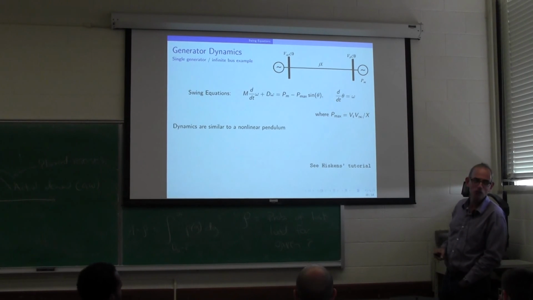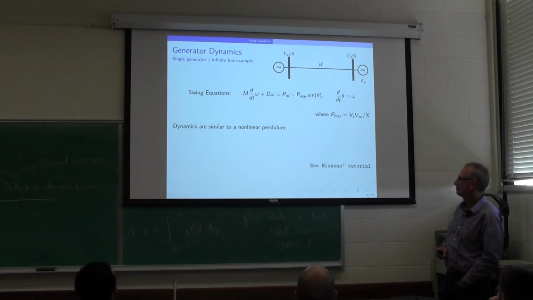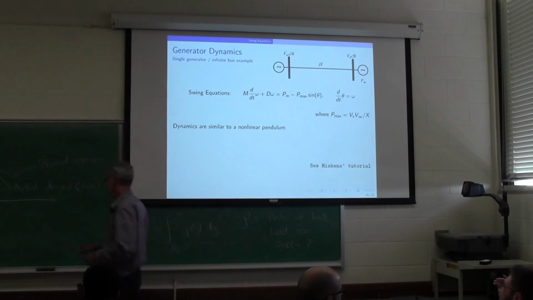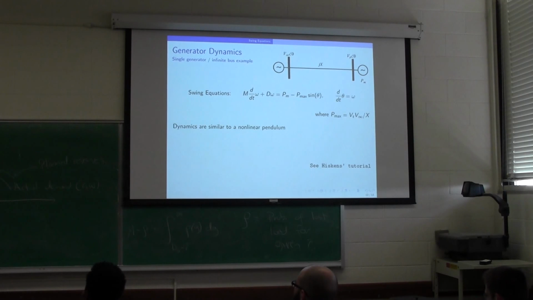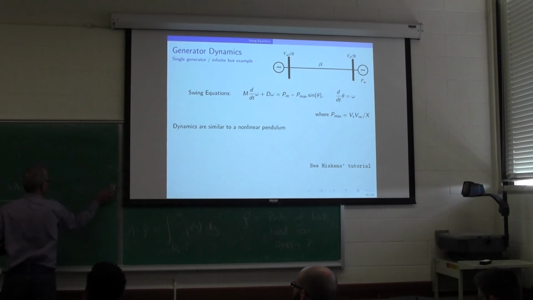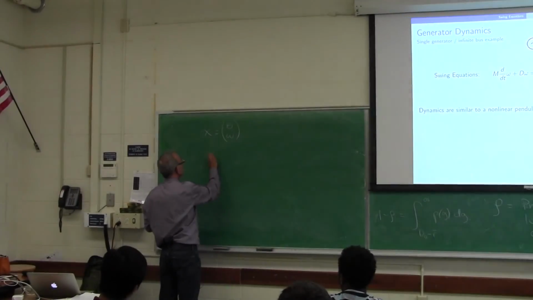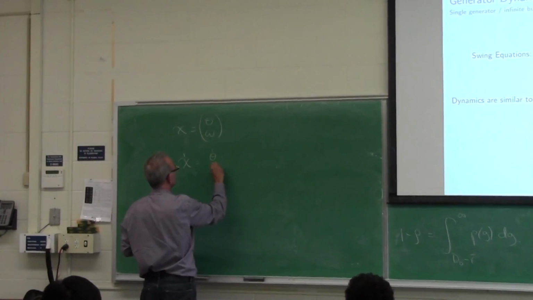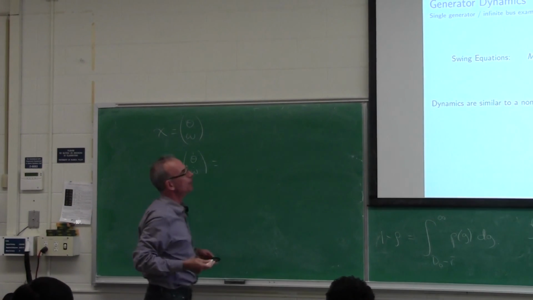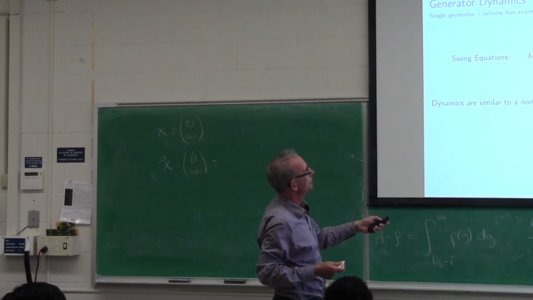And all of you checked off you knew nothing about control, so I guess that's too bad. By state space model, I mean if I take the vector theta and omega together, and I look at the derivative, that's some function of itself.